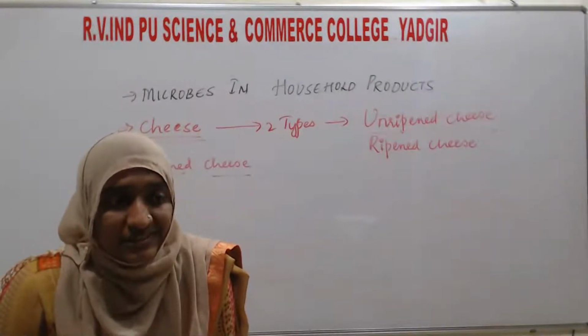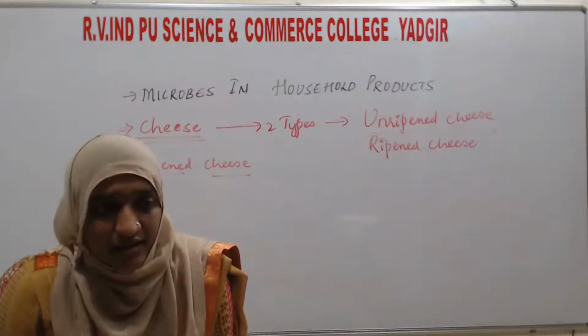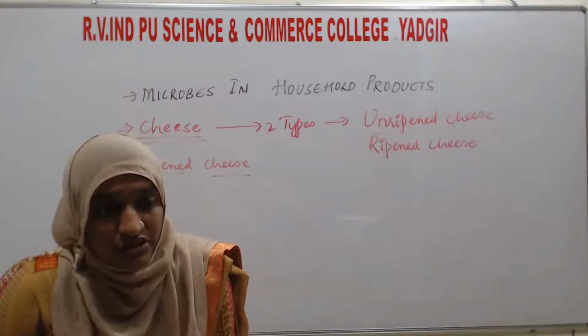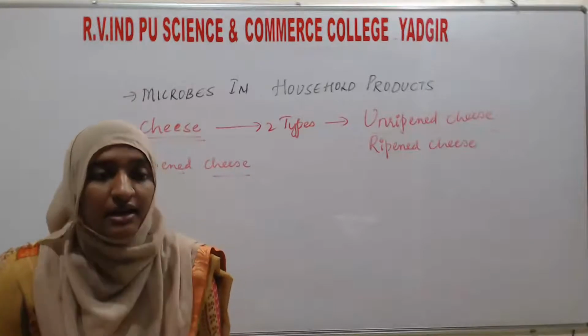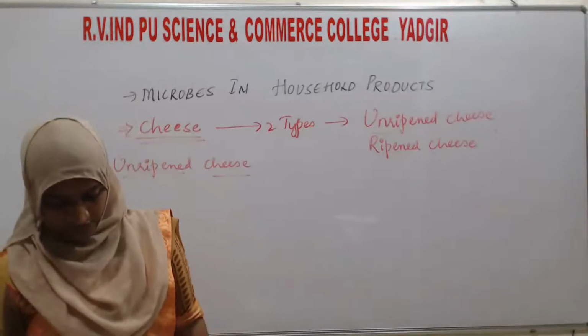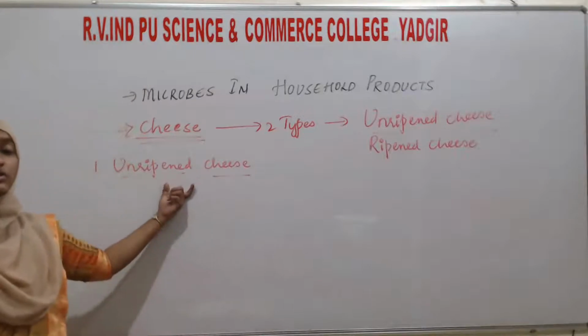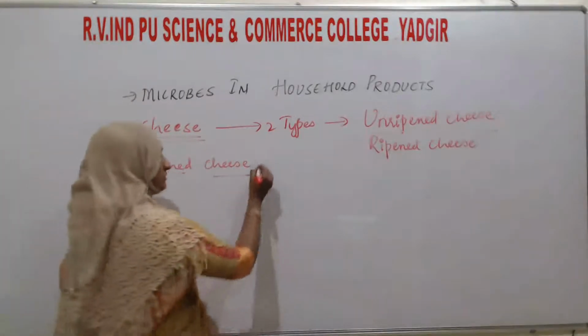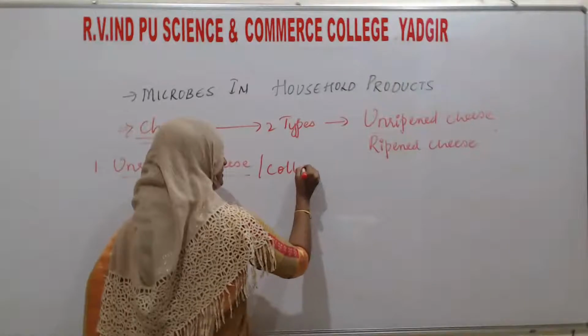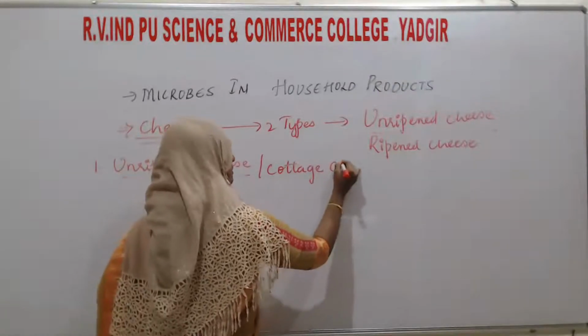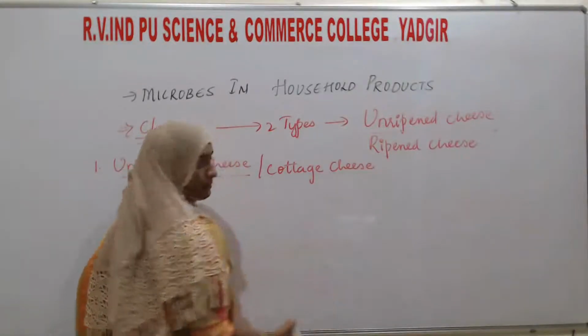If it is green, then you will say it is unripened. So here also the cheese is of two types, unripened and ripened. The unripened cheese is also known as the cottage cheese.